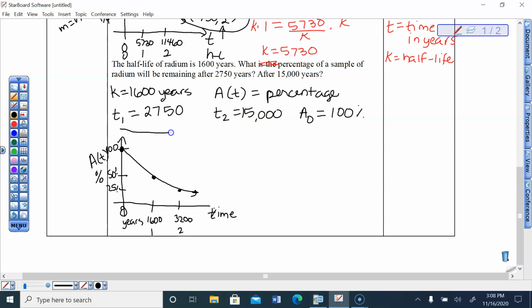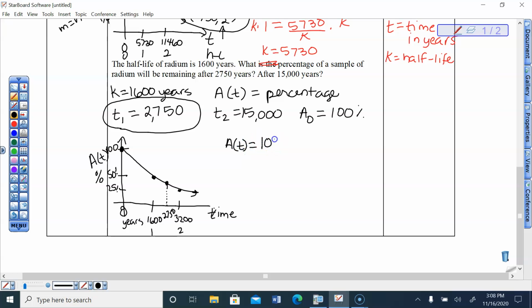So our first time value is 2,750 years. And so that would be somewhere in here, right? So what would our value be at 2,750? Okay, so let's write our equation. I'm writing it so that I can plug it into my graphing calculator.